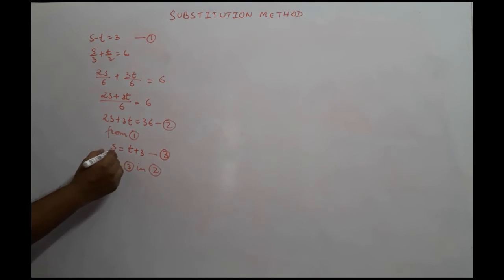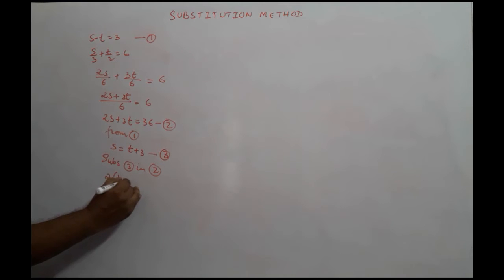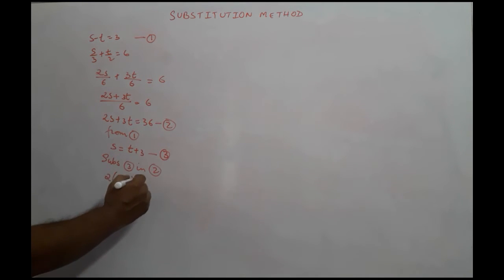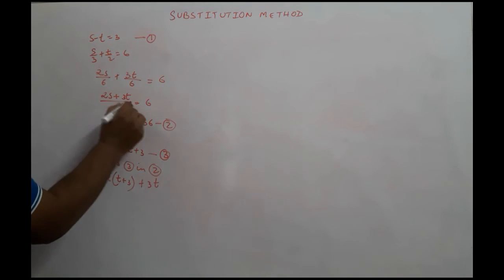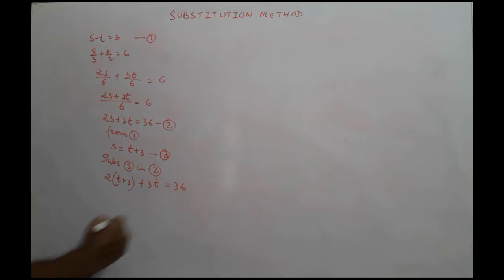In place of s we'll put the value. Since this is 2s, we'll put 2 into t plus 3, because s is equal to t plus 3 according to equation 3, plus 3t. The remaining equation remains the same, equal to 36.